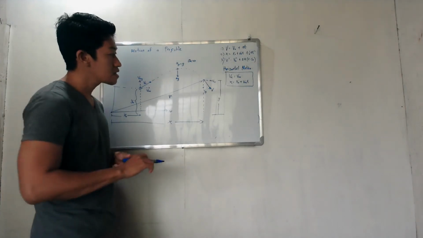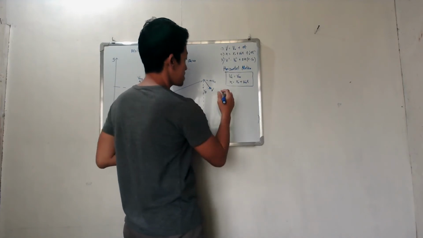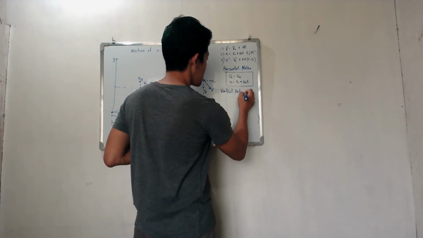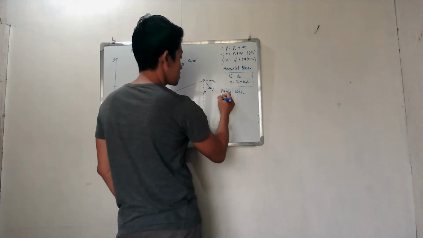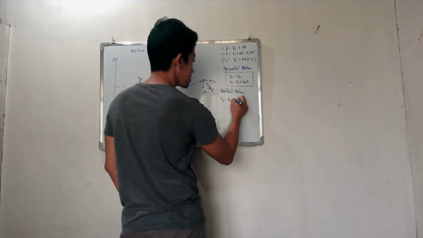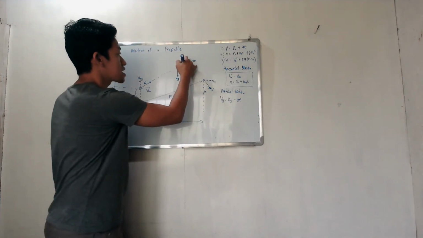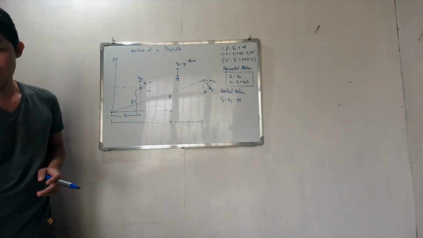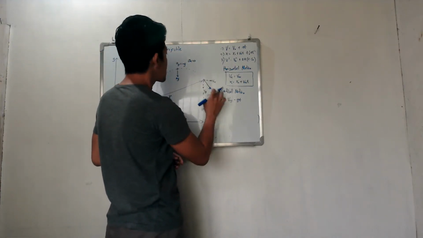And for the vertical motion, v sub y is v sub o y minus g t. It is minus because the object is going downward, and our notation is positive upward.